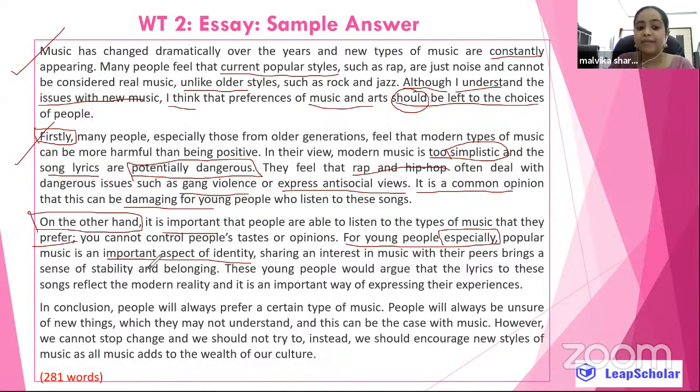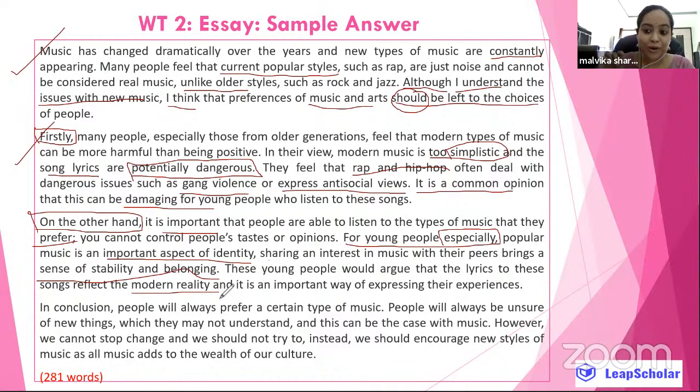That is why it is an important aspect of identity. Sharing an interest in music with their peers, peers means the people who are of the same age or of similar ages, brings a sense of stability and belonging. See that. These young people would argue that the lyrics to these songs would reflect the modern reality.